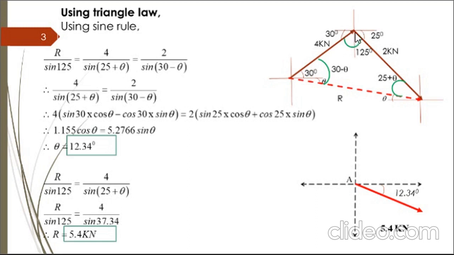Wherever it ends, from the same point we draw the second force of 2 kilonewton, making an angle of 25 degrees with respect to the x-axis, and wherever it ends we join these two points, and this line represents the resultant force R, drawn from the starting point of the first towards the end point of the second. Now after this, by applying geometry, we have to determine the internal angles.